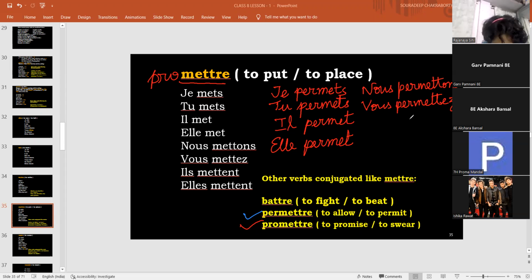Je permets, tu permets, il permet, elle permet. Nous permettons, vous permettez, and then ils permettent. Elles permettent.